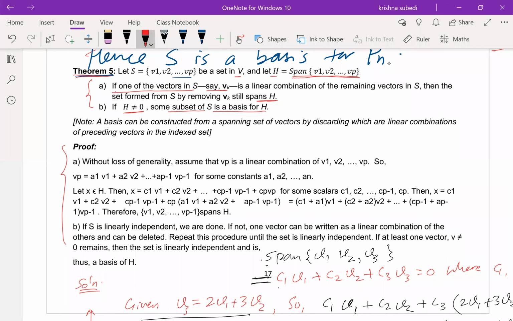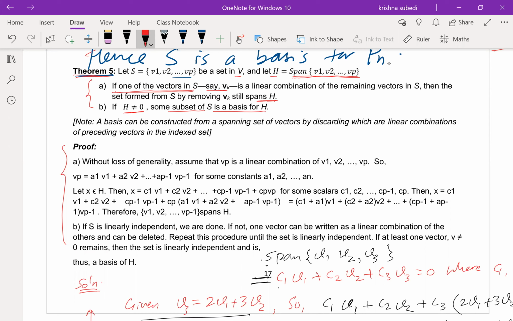So if one of the vectors in S, say Vk, is a linear combination of the remaining vectors in S, then the set formed from S by removing Vk still spans H. That's what we have seen in the example. We are given 3 vectors, and then we proved that even if we ignore that V3, we can still span the given space, right? And here is the proof.